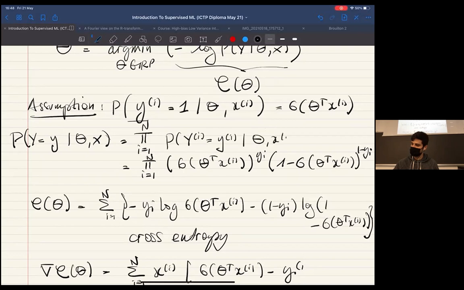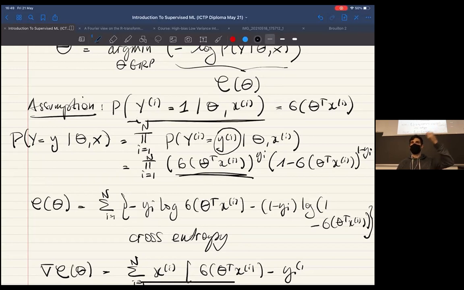So when my label i is equal to 1, indeed I should have this, which is what I wrote here. While when my yi is equal to 0, I have this contribution. But more compactly, I was just writing this, but it means the same. Is it clear? Or are you more confused now? It's okay?